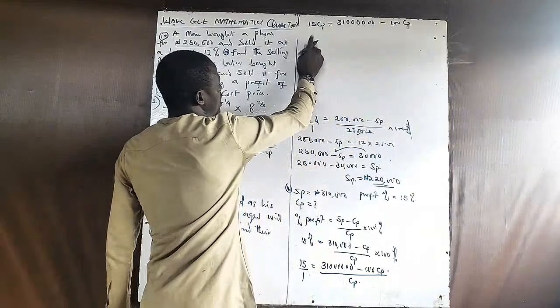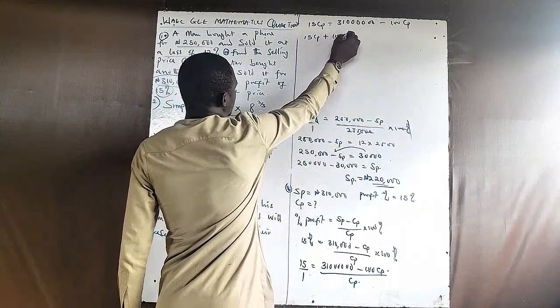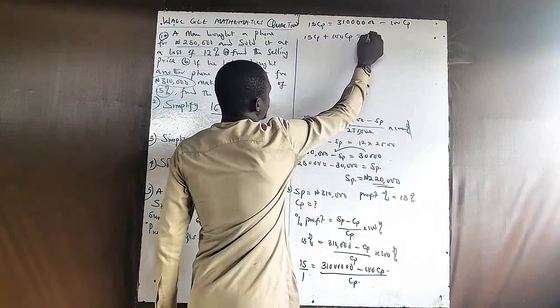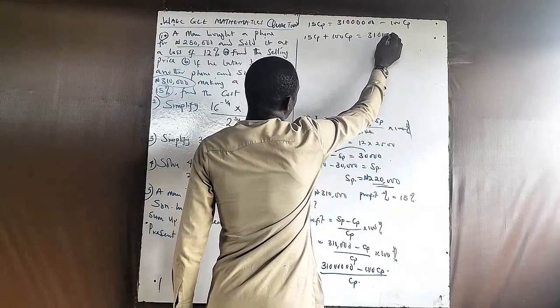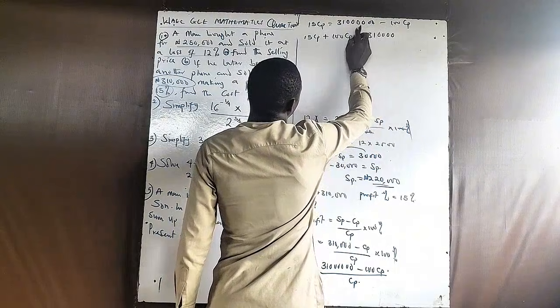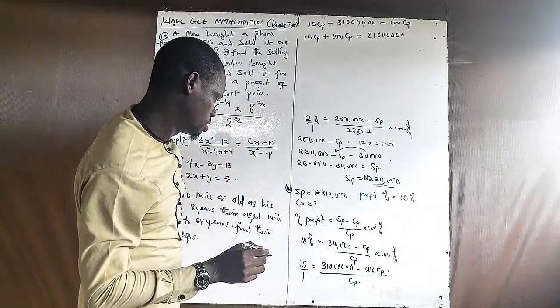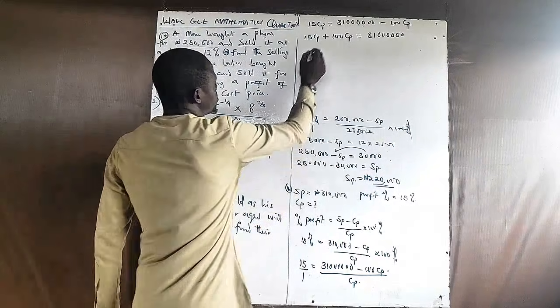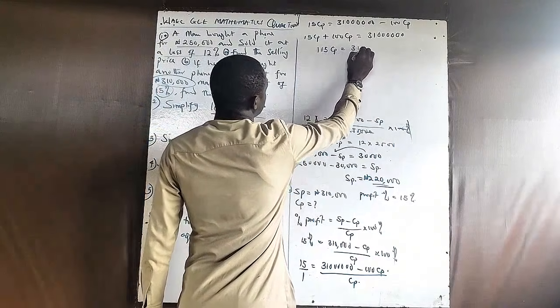So bringing this here, I'll have 15 CP plus 100 CP equals 310,000. Yeah, if I'm not wrong. So from here I have 115 CP equals 310,000.